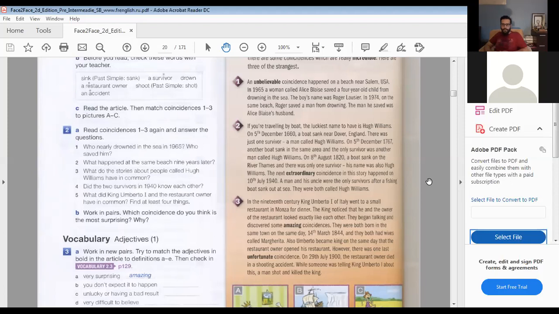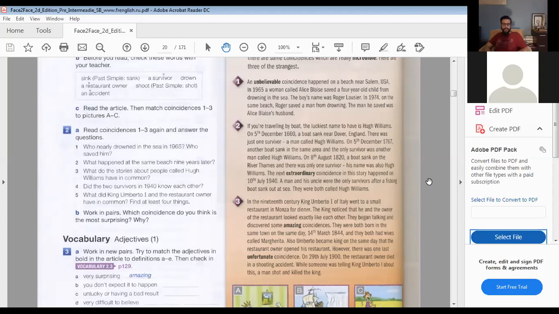What happened at the same beach 9 years later? What happens on the beach? Roger saved a man from drowning. The man he saved was Alice Blaze's husband.